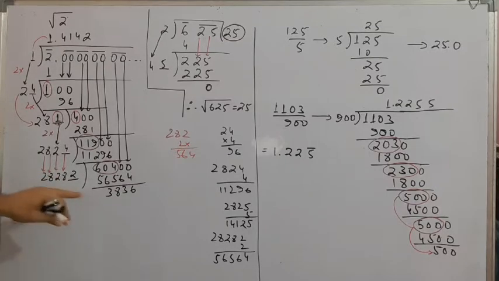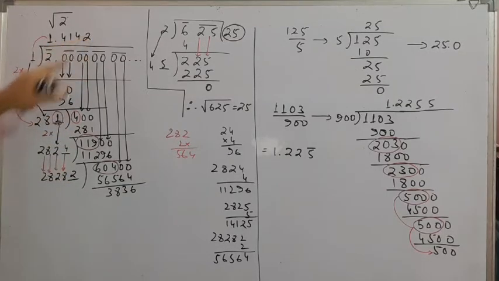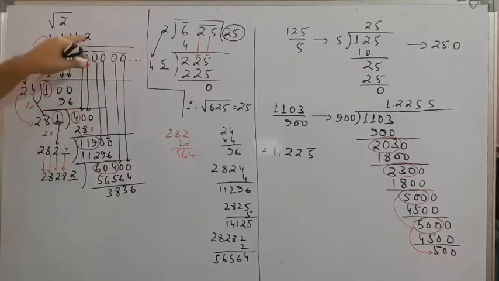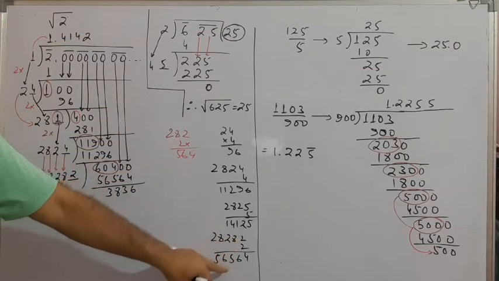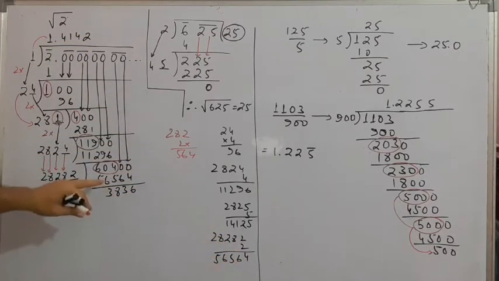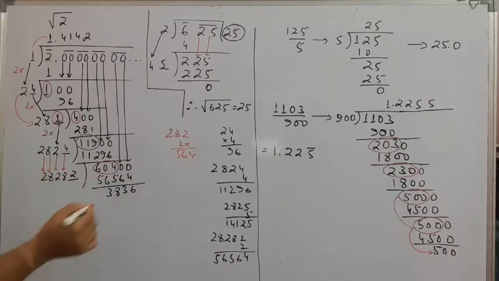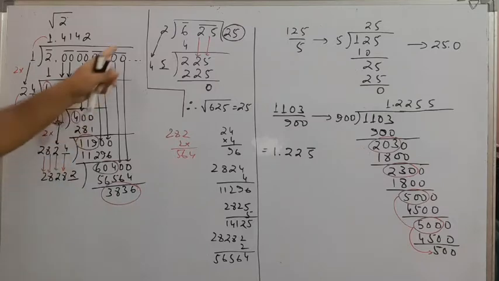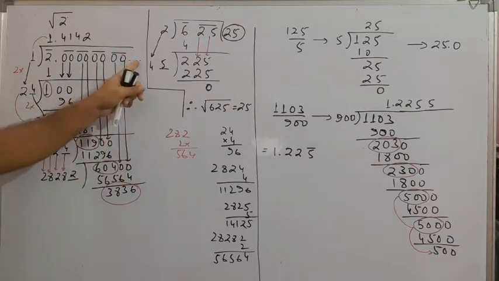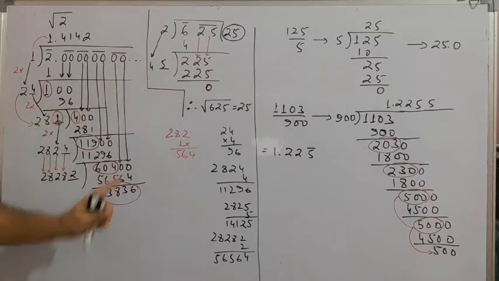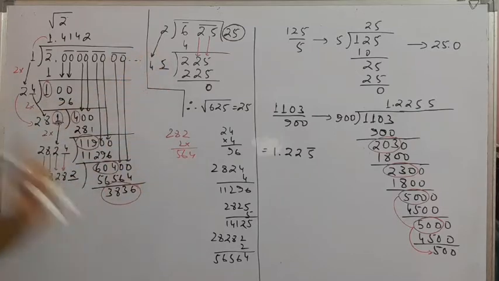So if I put 2, here also I have to put 2, then it becomes 28282 into 2. What is 28282 into 2? 56564. So I have put here, then I am getting this as a remainder. So I can continue it. Putting more pairs of zeros, I can continue it.